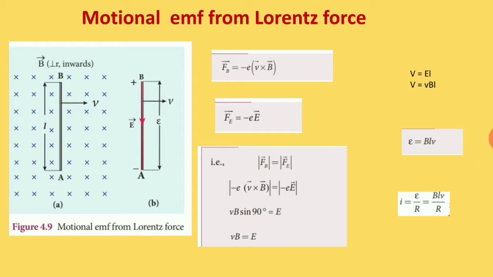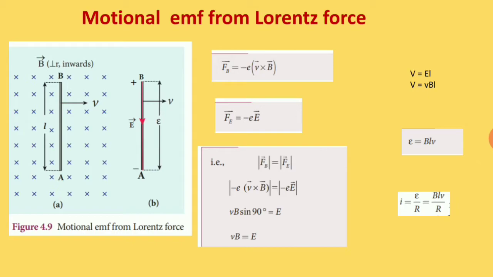The minus e cancels. v vector cross B vector is a cross multiplication vector function, so v cross B is equal to vB sin theta. Theta is 90 degrees, and sin 90 degrees is equal to 1. We get E is equal to vB.